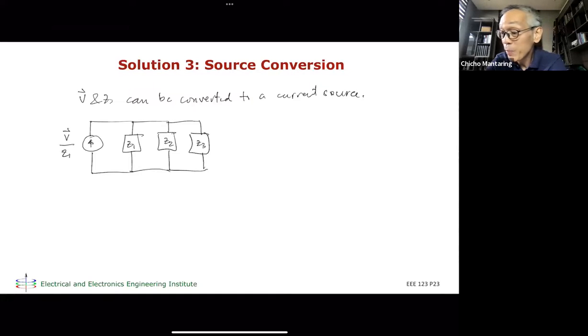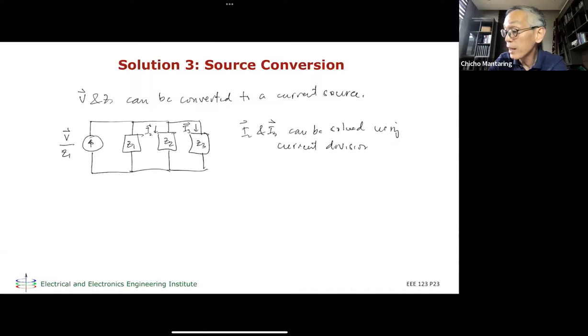So pag ginawa natin to, makukuha na natin yung I2 at saka I3 using current division.